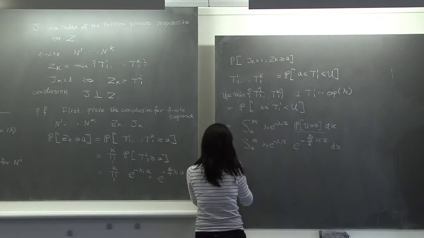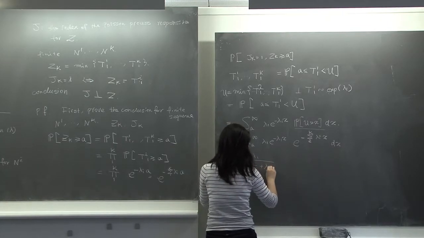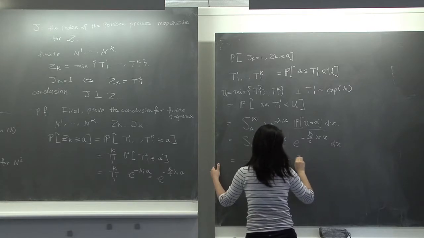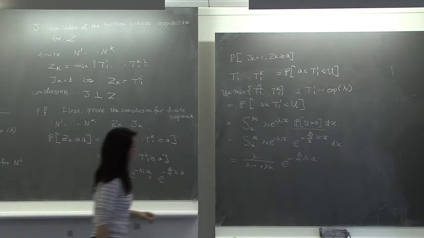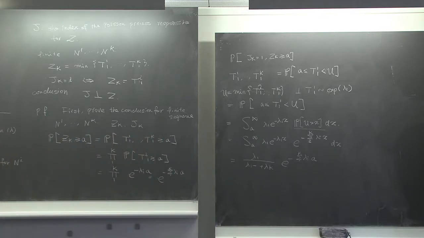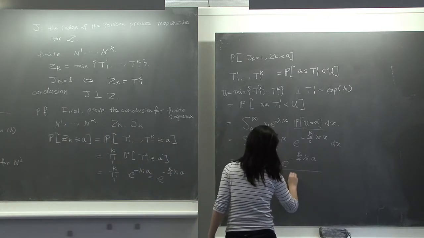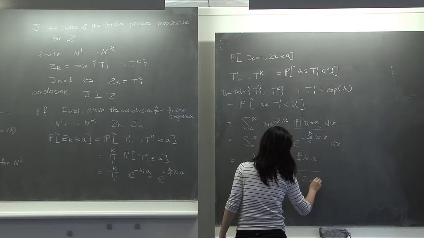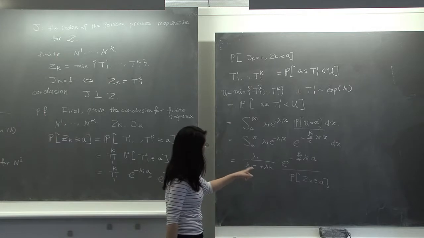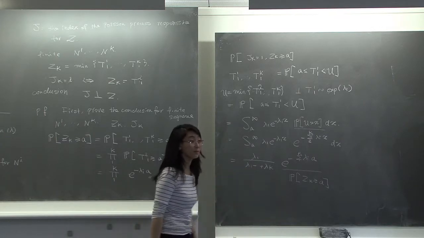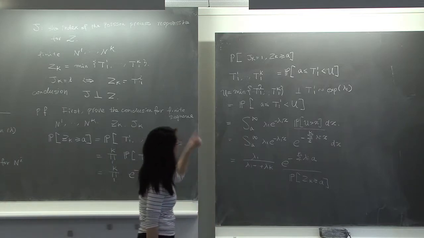So this integral gives us this, and here we already know that this part equals the probability of Zk greater than a. So this part corresponds to Jk equals 1. Because if you just put a equals 0, you will get that the probability of Jk equals 1 equals this.